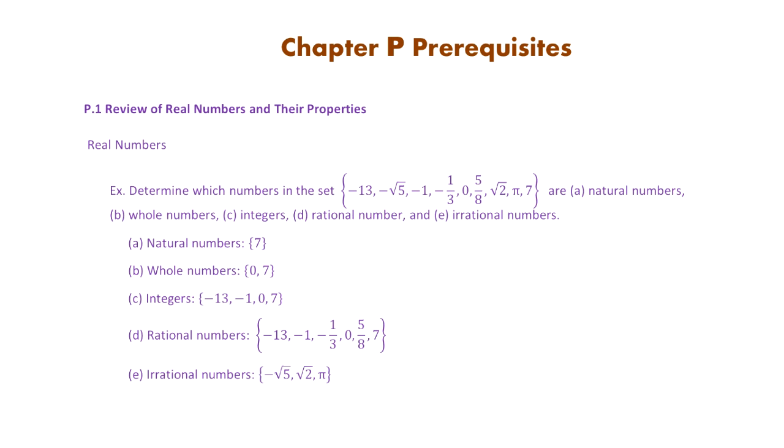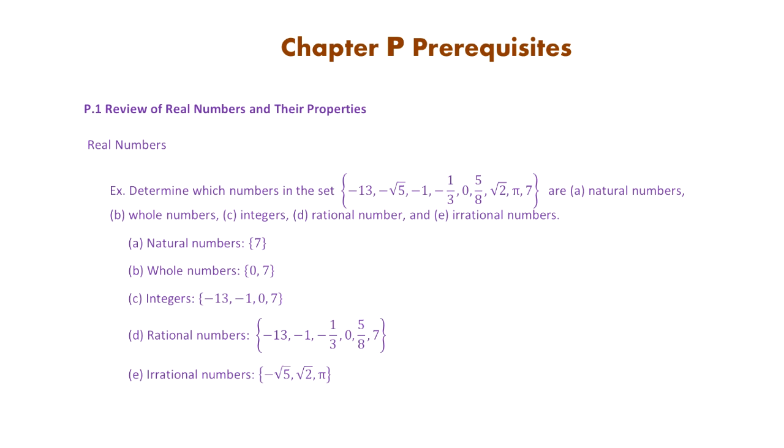That's not an integer, obviously. So that's A. Part B. What are the whole numbers? The whole numbers are the natural numbers plus 0. So I just put the 0 in. So we got two whole numbers, 0 and 7.